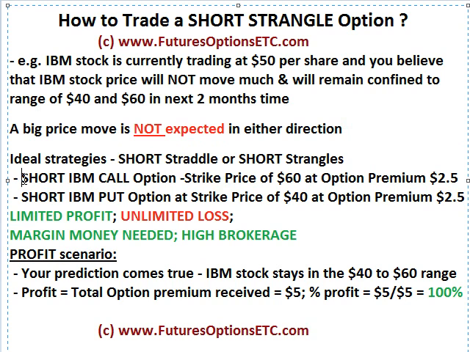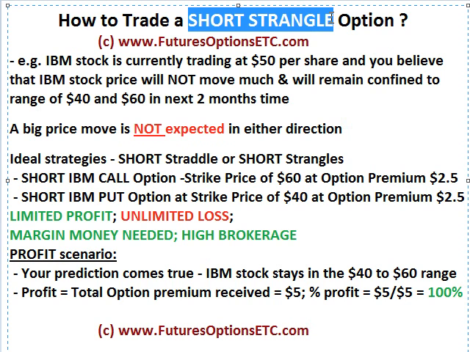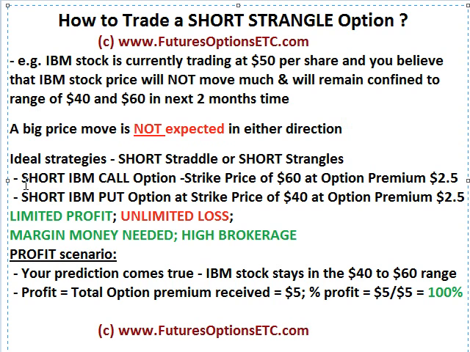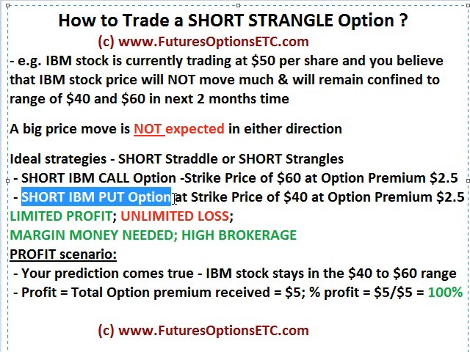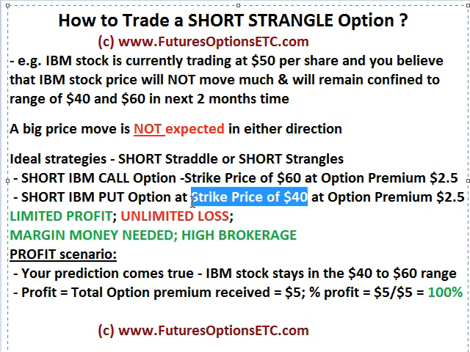So let's say we try to construct this short strangle option strategy. The way to do it is we have to short one call option which is slightly OTM, that is out of the money, and we have to short another put option which is again slightly OTM, that is a bit further away from the current traded price.